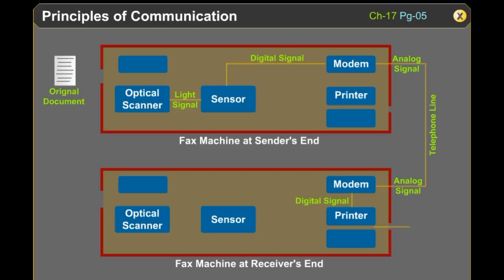The document to be transmitted is then fed into the fax machine. An optical scanner scans the document in the form of white and black spots. The amount of light reflected from different parts of the document is detected by the sensors.